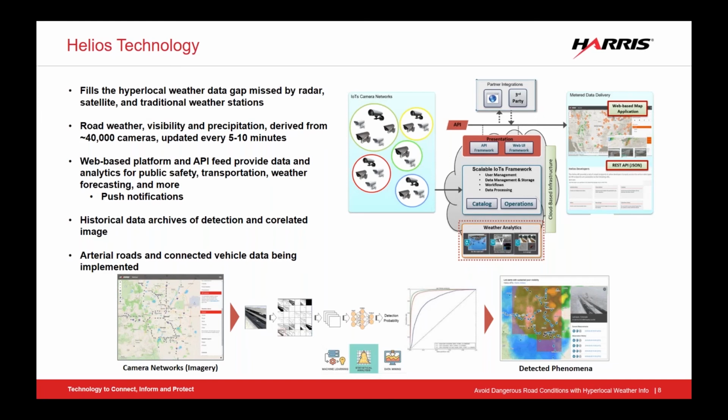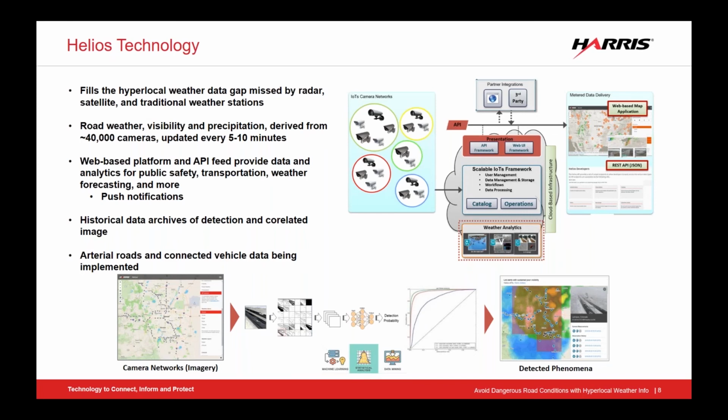We have historical data archives. So if you're looking back over time and want more granular data about what is going on over the course of your roads, we have historical data archives of not only the detection, but also all of the imagery that goes along with the detection, so that you have a way of validating and verifying.